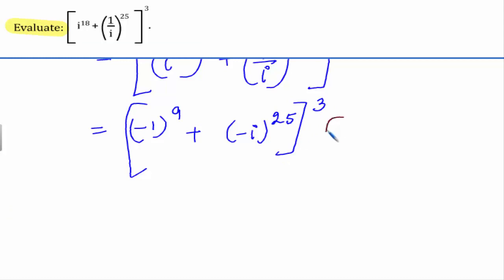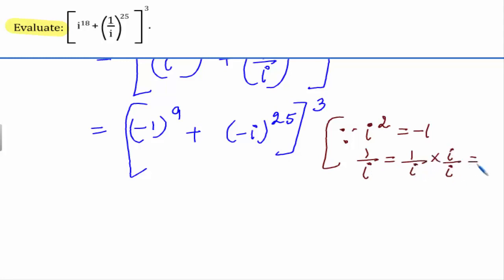Since i square is equal to minus 1 and 1 upon i is equal to, if we multiply the numerator and the denominator by i, we get i by i square. So this will be equal to i by minus 1. This equals minus i. So 1 upon i is equal to minus i.